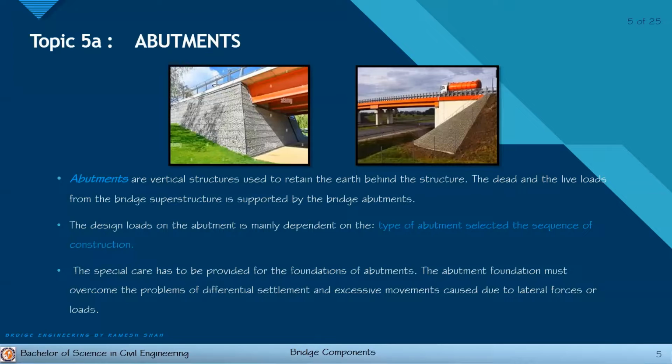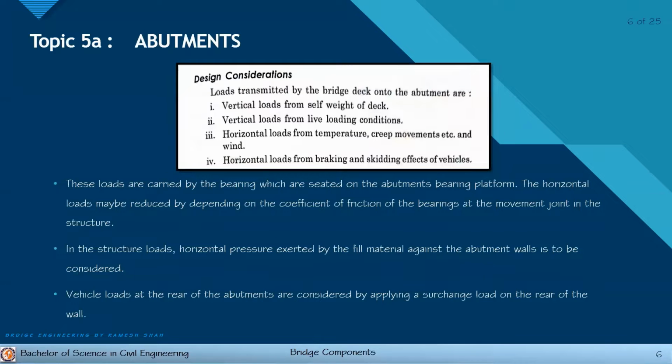So we also have to consider the settlements of the soil and also the lateral forces or loads that are present sa ating bridges in order to design our foundation of abutments with great outcome.